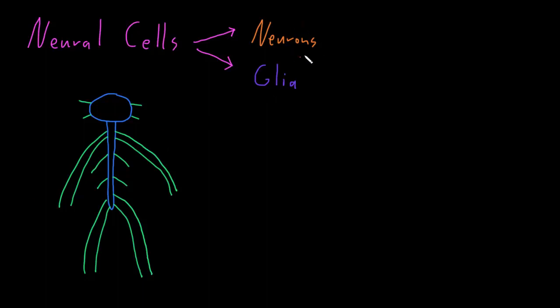Most types of both neurons and glia share some structural features of the way their cell is shaped. Most of them have a main part to their cell called the soma, or the cell body, that contains the nucleus and most of the organelles. Coming out of the soma, most of these cell types have processes, long, thin extensions.